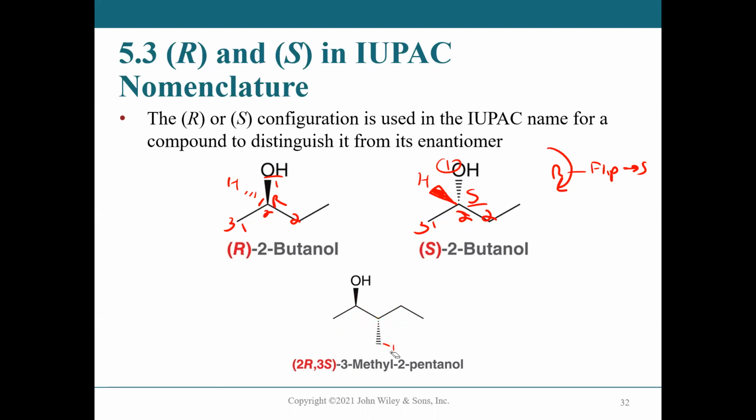So they're all equal here. Now I'm going to use my dashes. What's the bigger priority? Well, oxygen is the bigger priority. So we have 1, 2, 3. And remember, we have the hydrogen sticking out. So that'd be S.